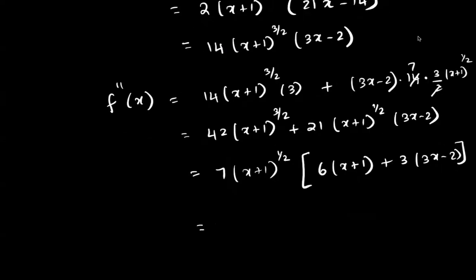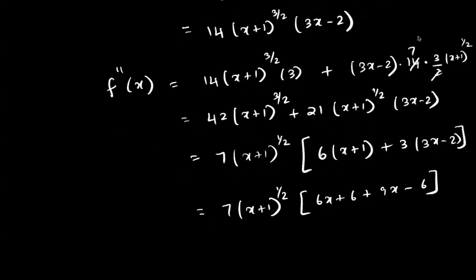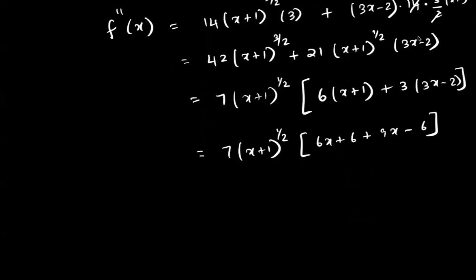Okay, so that gives me 7 times (x+1)^(1/2), 6x plus 6 plus 9x minus 6. Is this right? Okay, must be. 7 times (x+1)^(1/2) times 15x.